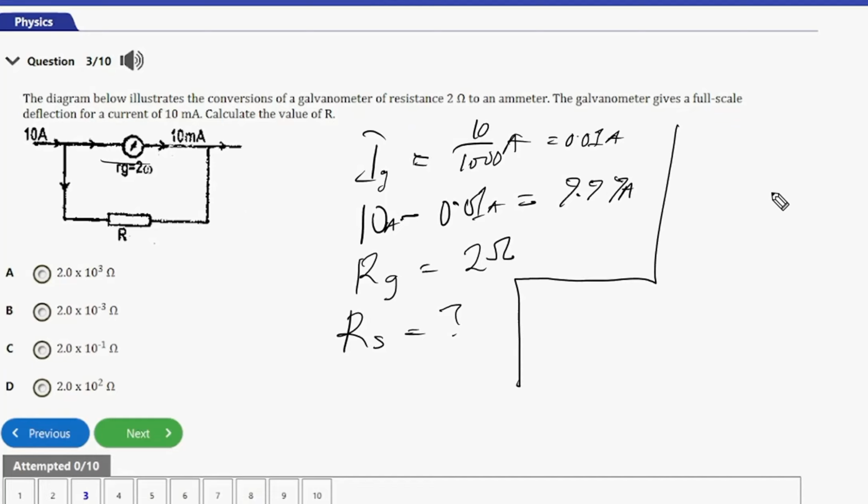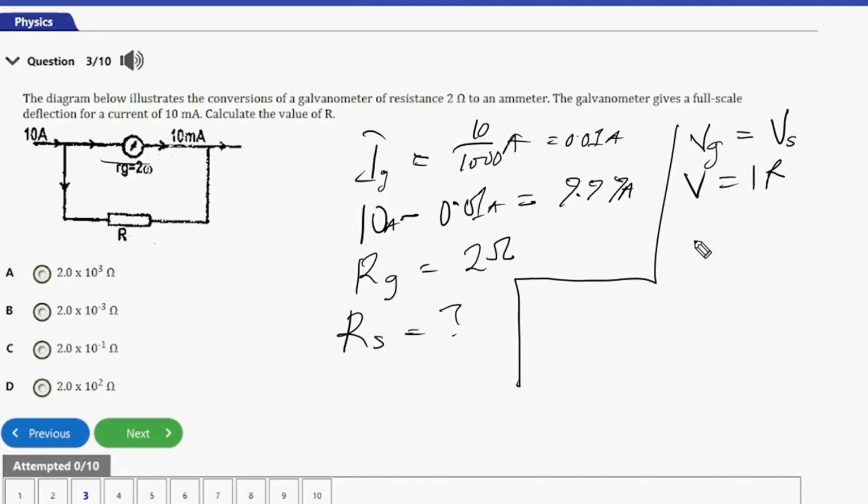With this, we already know that the voltage in the galvanometer will be equal to the voltage in the shunt. So recall that V is equal to IR.